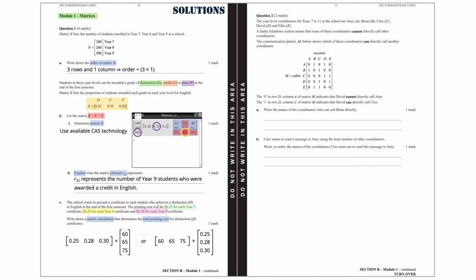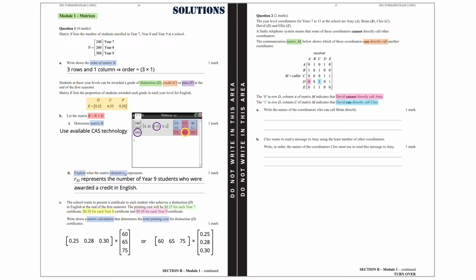The communication matrix M below shows which of these coordinators can directly call another coordinator. The 0 in row D, column A of matrix M indicates that David cannot directly call Amy. The 1 in row D, column C of matrix M indicates that David can directly call Cleo.